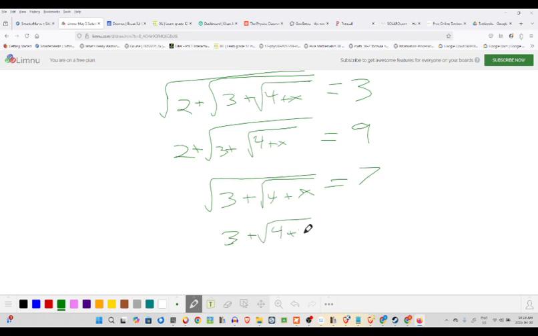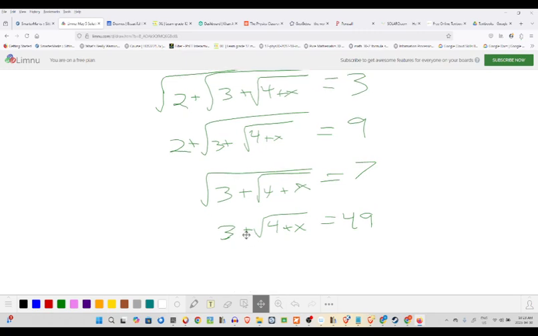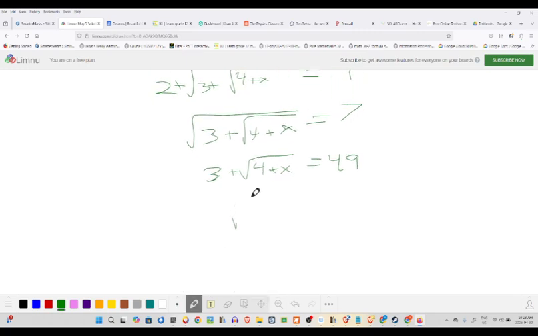And 3 plus the square root of 4 plus x is going to be 49, which tells us the root of 4 plus x is 46.